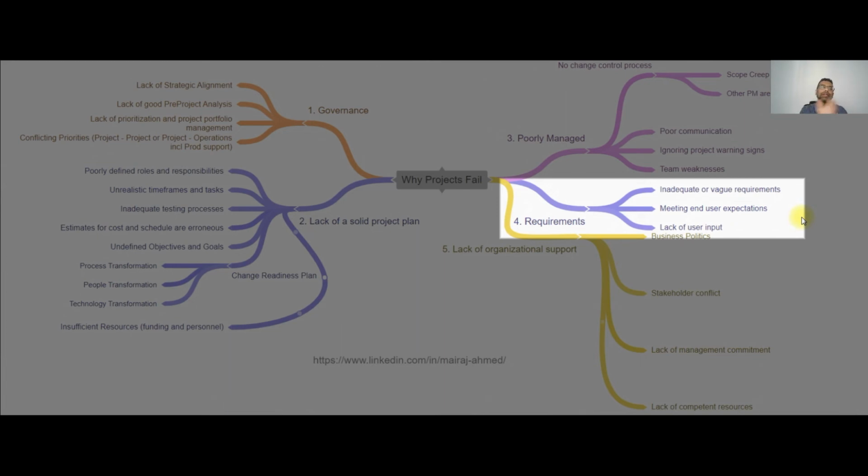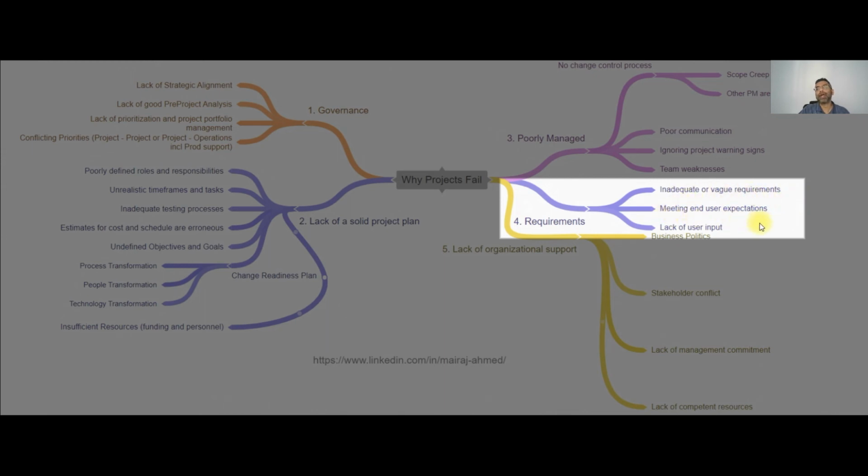The next one is meeting end user expectations, and this is again misunderstanding what the customer wanted, right? So that's the reason that some of these prototyping, some of the TDD, and all those things that I mentioned would help make sure that you are understanding the user expectations correctly.